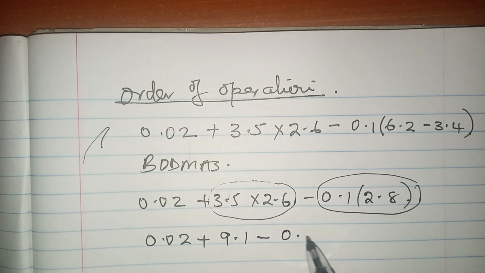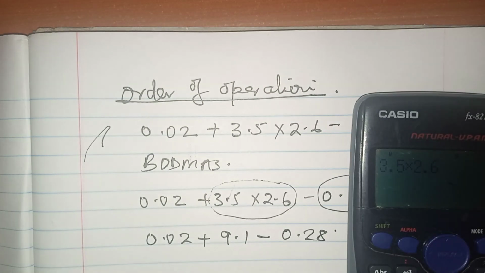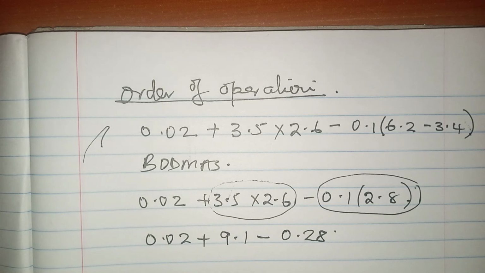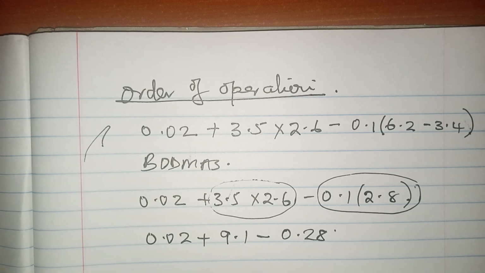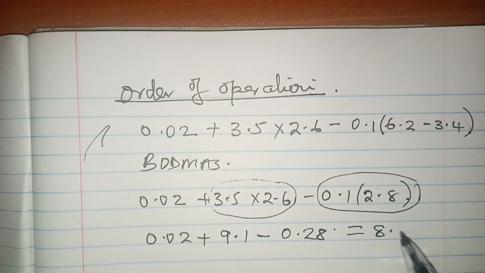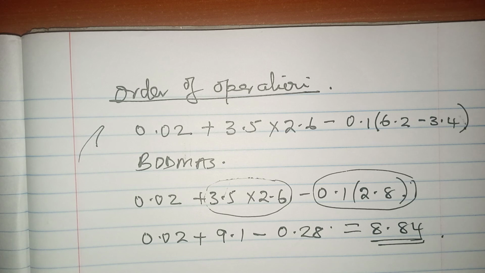Of course, 0.28. Now we can easily have our operation as 0.02 plus 9.1 minus 0.28, and we have it as 8.84. And that is how we are expected to solve this question.